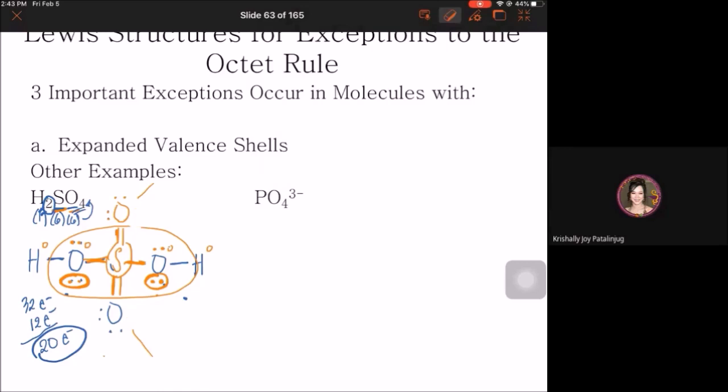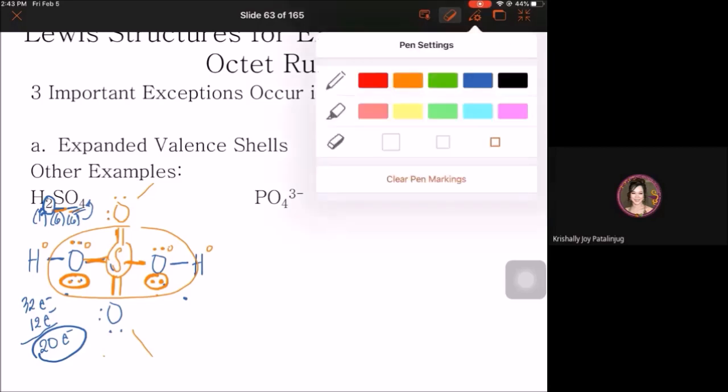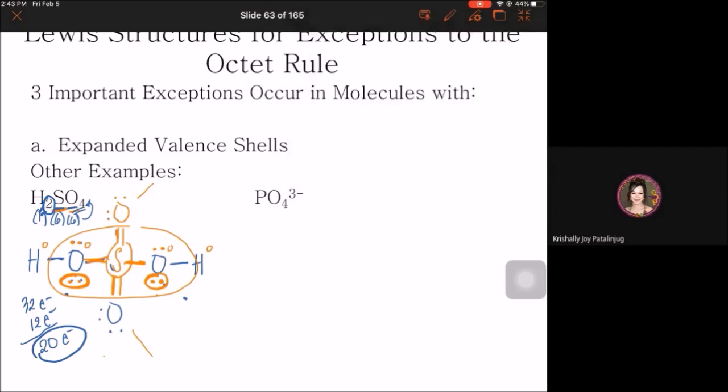Okay, in this case, sulfur as a central atom expanded. Particularly, how many surrounding electrons does it have? 12 electrons, right? 2, 4, so 6 bonds. So it has 12 electrons, so it expanded. The same with phosphate, the phosphate ion.